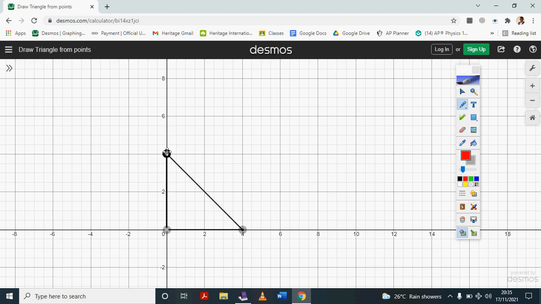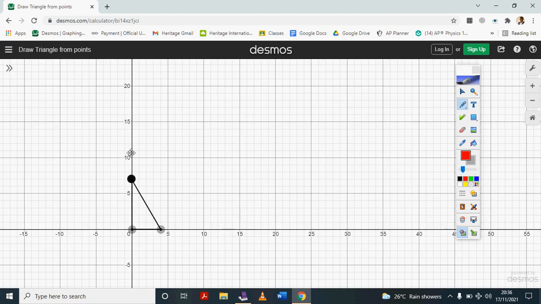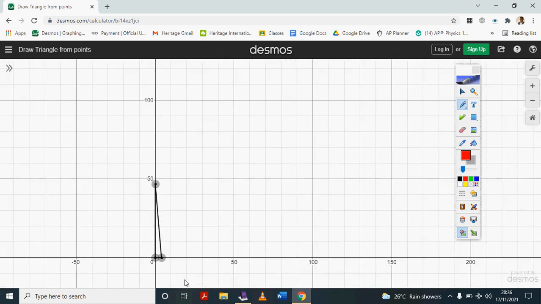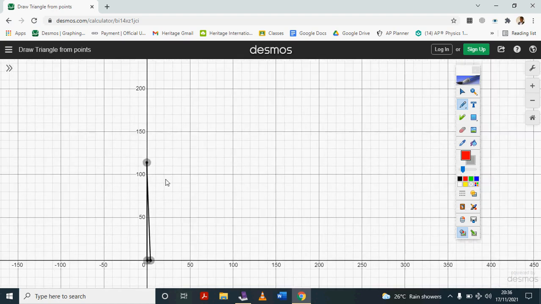But if I keep increasing the opposite side, if I keep making it higher and higher, because the objective is to get this angle down here to be 90 degrees, I hope you can see that the taller the opposite gets, the closer it becomes to being equal to the hypotenuse.